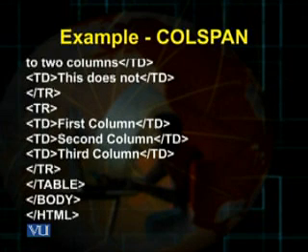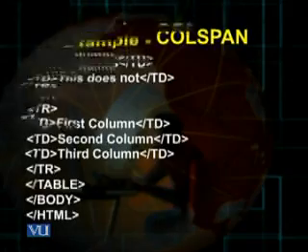To create the second row I use another TR, in that I use 3 TD tags. In the first TD I write first column, second TD I write second column, in the third TD I write the text third column. No colspan is used, and you have seen the result before you as I showed you in the slide earlier.